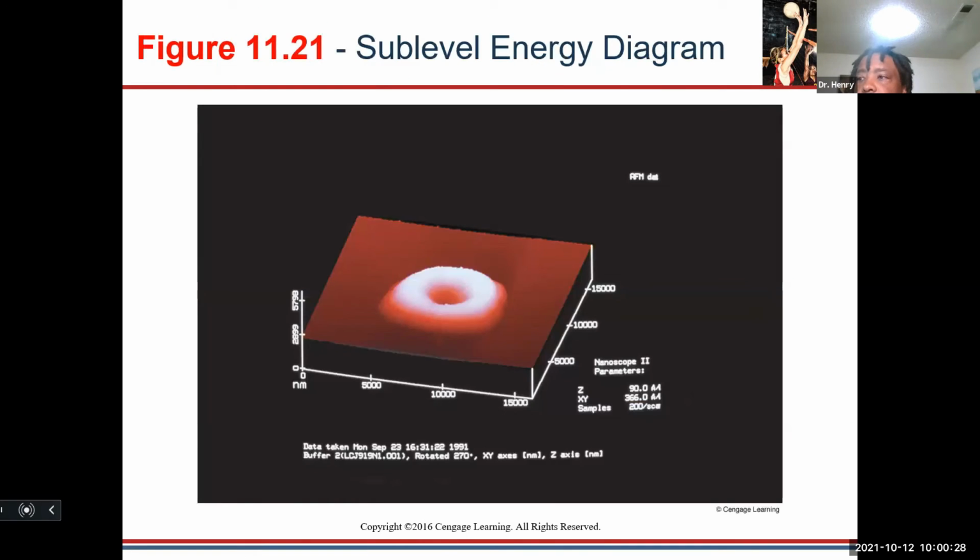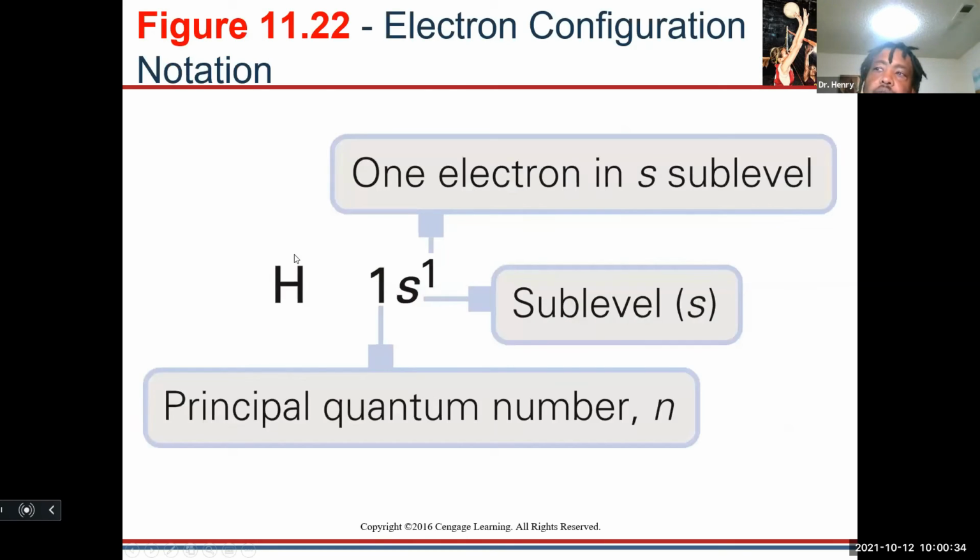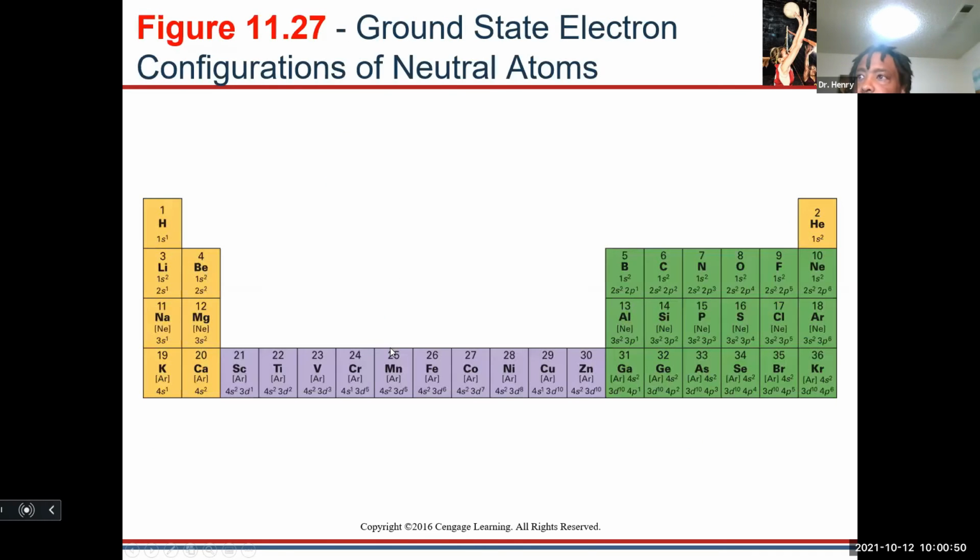This is basically just showing you the energy level associated with the electron orbiting. This is what we just went through, right? The electron configuration. And you'll notice we put the period there, the principal quantum number. We put the sub-level, and then we put the number of electrons that are in that sublevel. These are the electron configurations for the first few atoms.